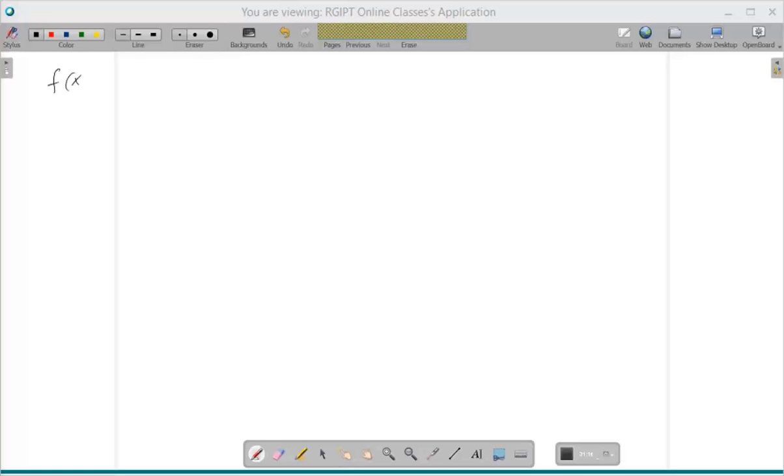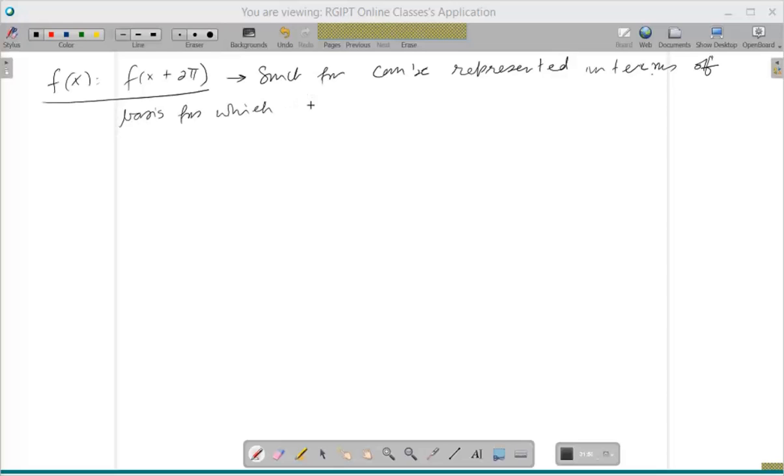So such functions can be represented in terms of basis functions, which are basically sin mx or cos nx, where m and n are integers. Okay, so that is the idea basically.